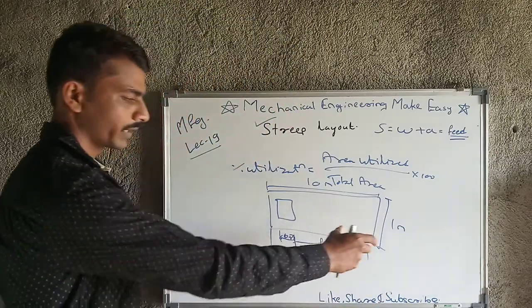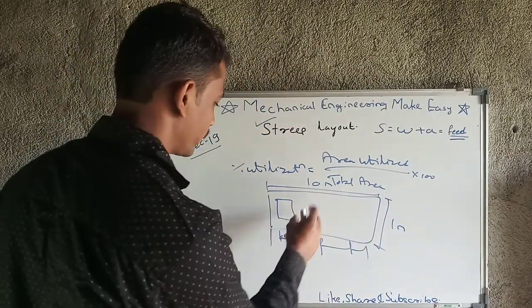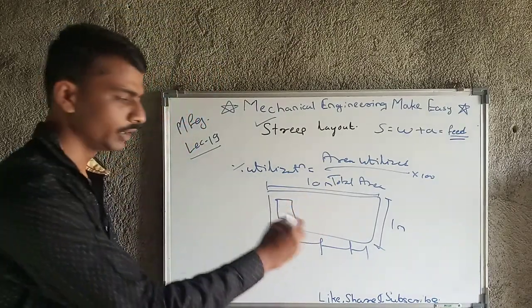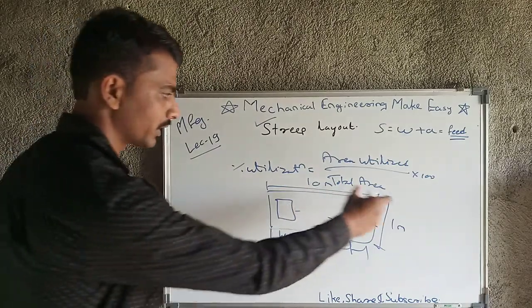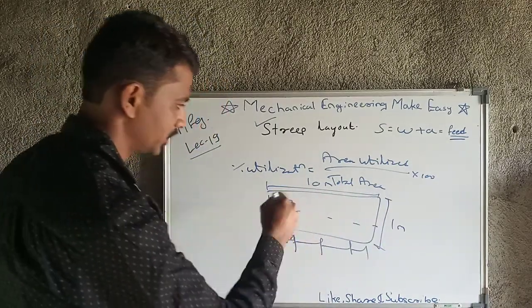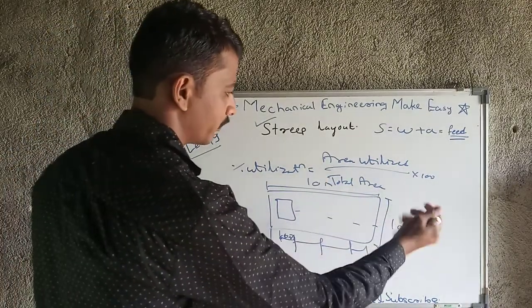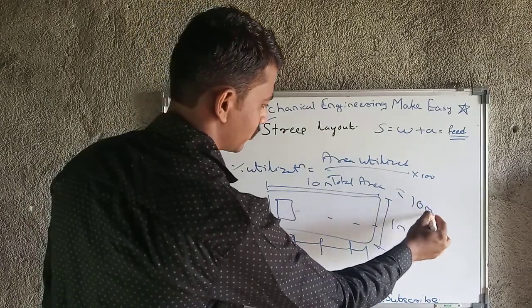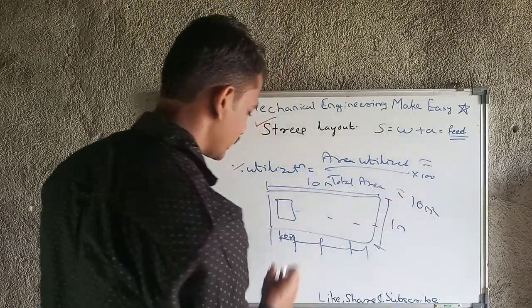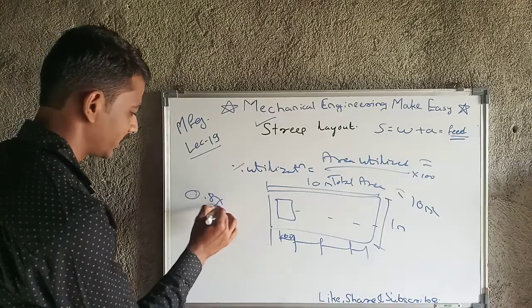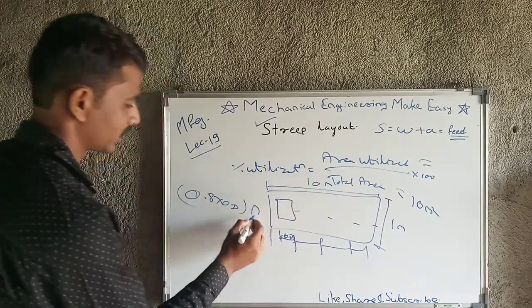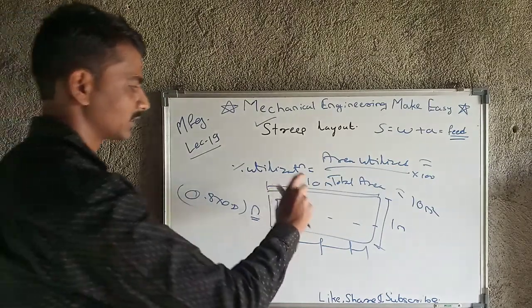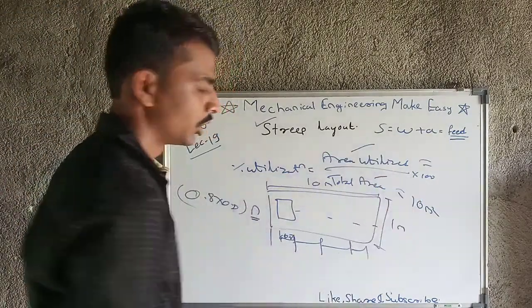So what amount of area have we utilized? That is 0.8 meter by 0.8 meter into the number of portions we have cut. Total area means the total area of this sheet, 10 meter into 1 meter, that is 10 meter square, and the area utilized will be 0.8 into 0.8 into n, the number of plates we have cut. That is nothing but area utilized upon total area.